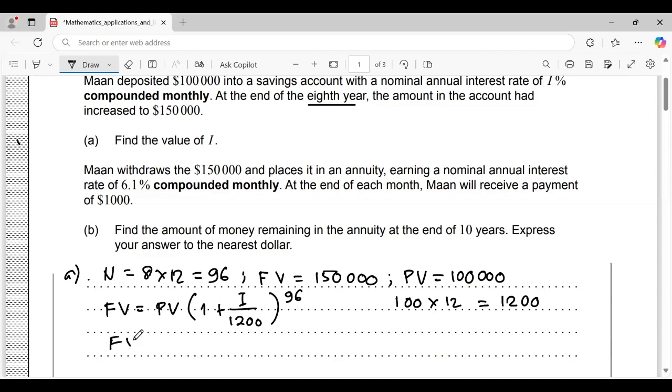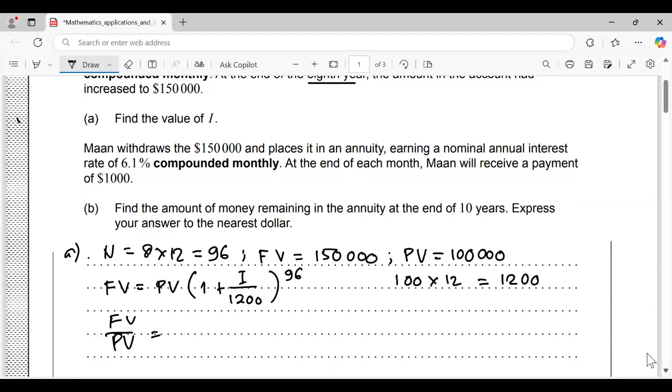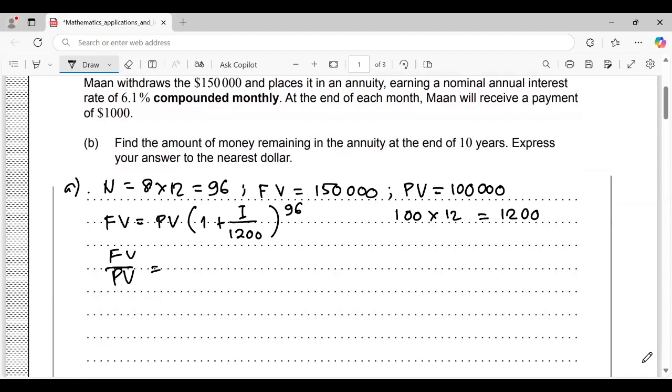FV over PV is 1 plus I over 1,200 power 96. FV over PV is 1.5.